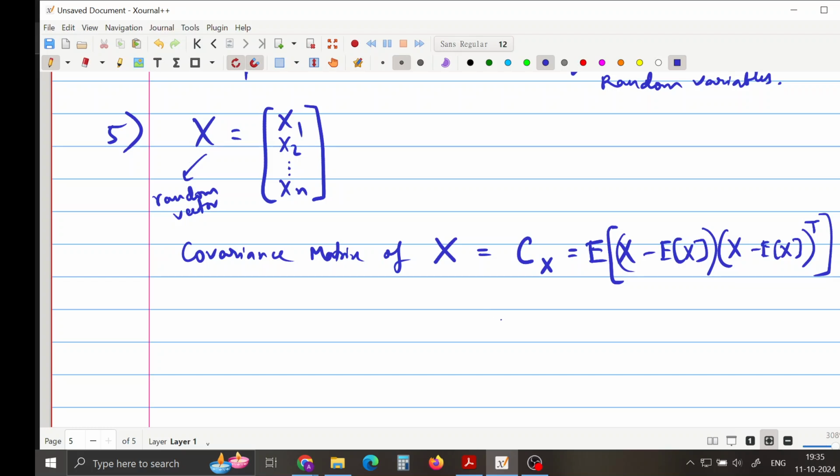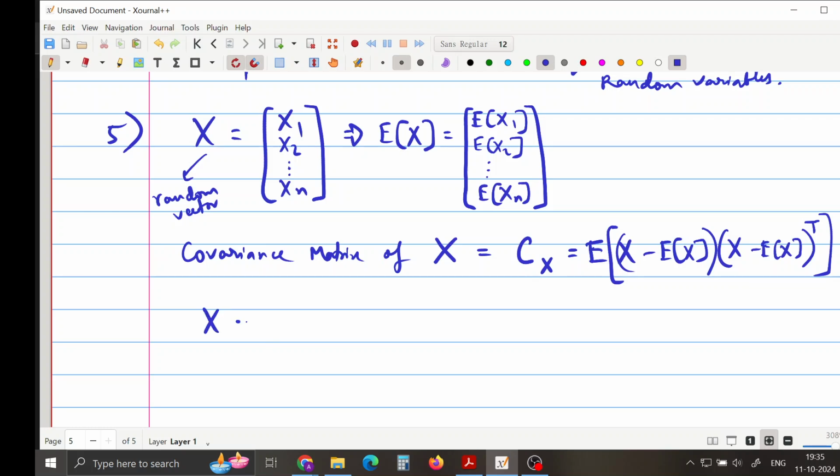Right. So now, all right, what is expectation of x? Since expectation is a linear operation, I can write this as expectation of x1, expectation of x2, so on till expectation of xn, right?